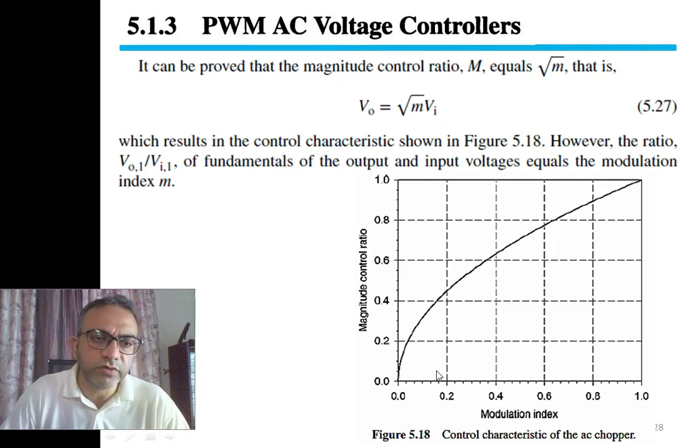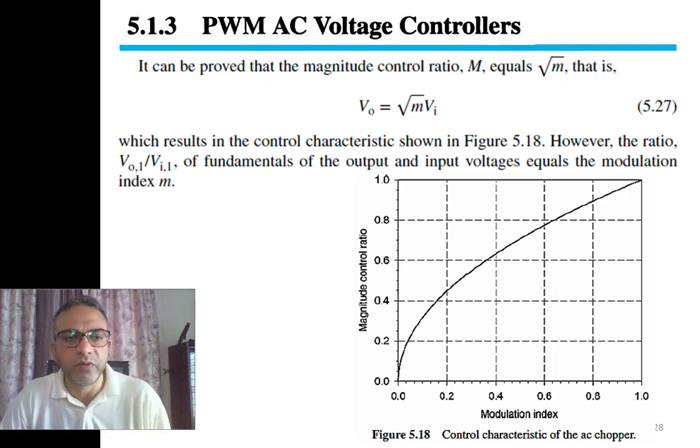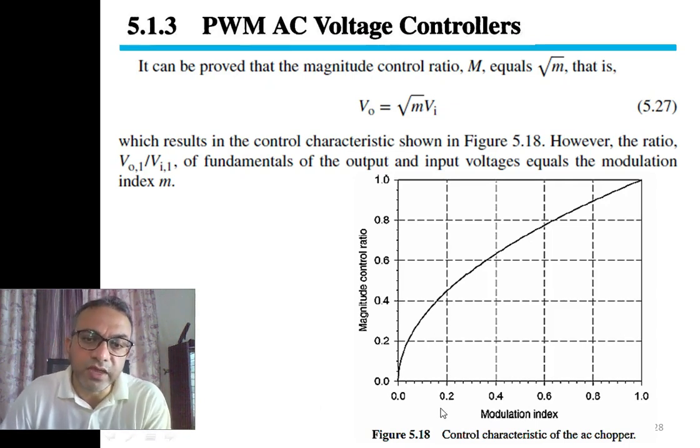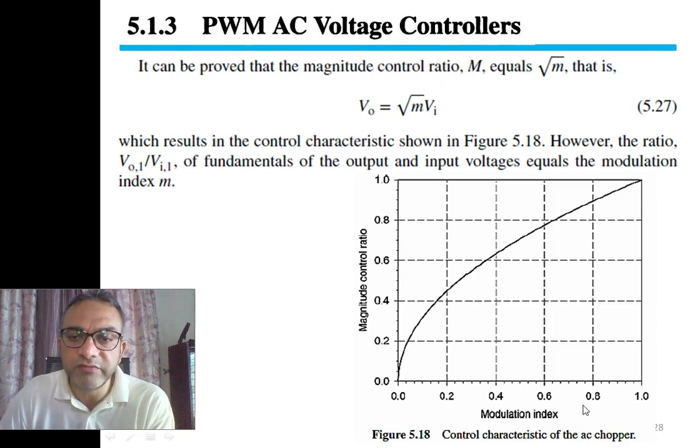The modulation index is only variable from 0 to 1, and as we vary it from 0 to 1, the output voltage will increase. On the x-axis we have the modulation index M, and on the y-axis we have the output control ratio.